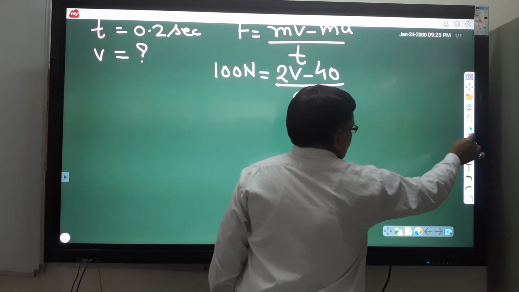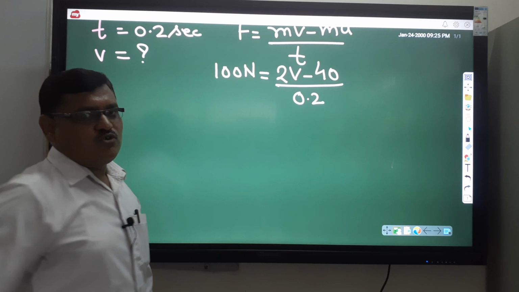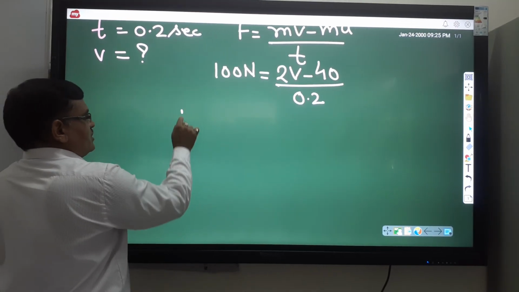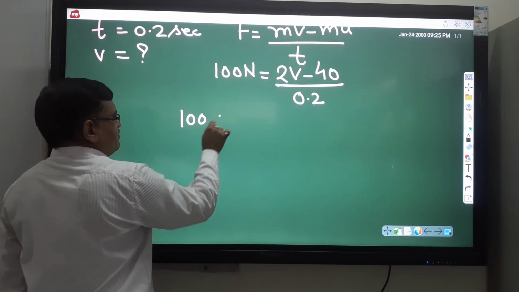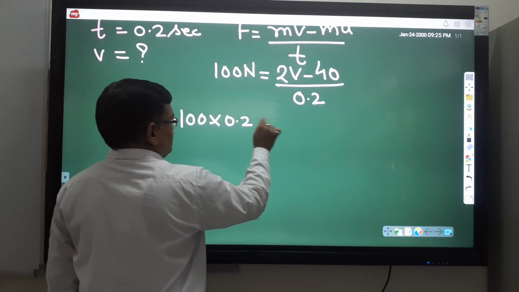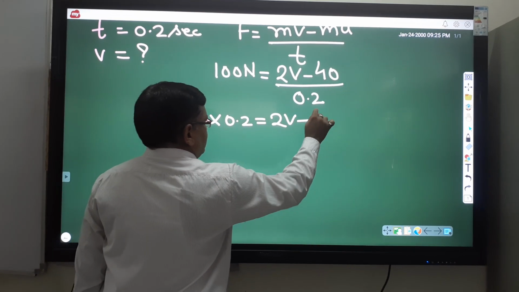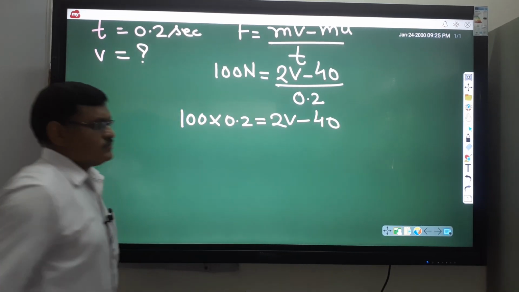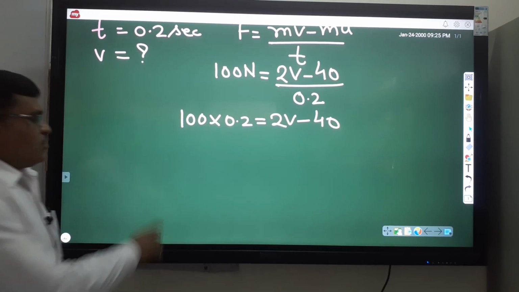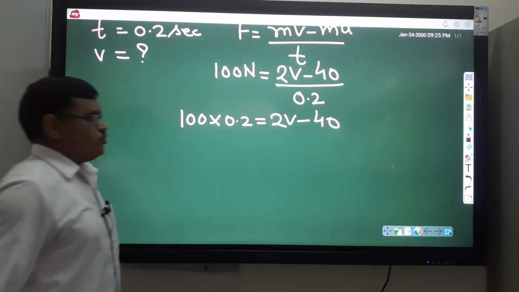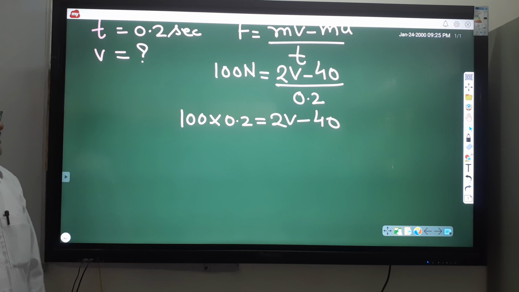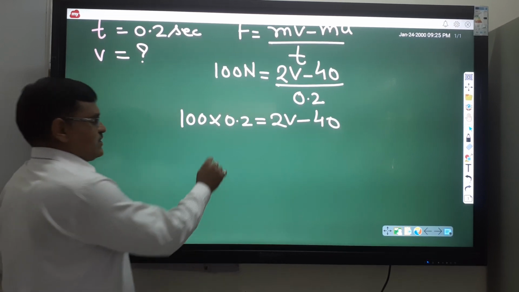Let us see how to solve this. We need to cross multiply. 100 multiplied by 0.2 is equal to 2v minus 40. Now, 100 into 0.2 is 20.